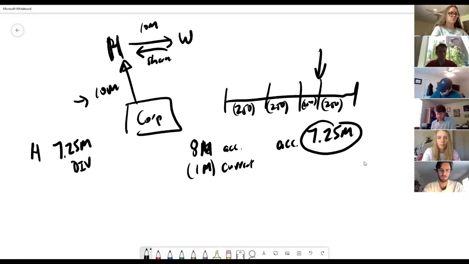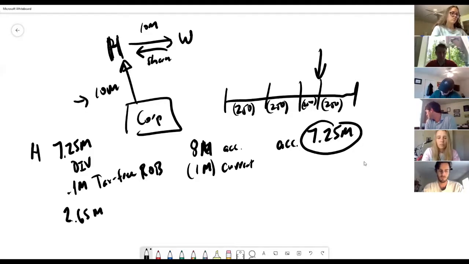The next 100,000 is going to be tax-free recovery of basis. That leaves, we're now at 7.35 million, so that leaves 2.65 million of long-term capital gain.